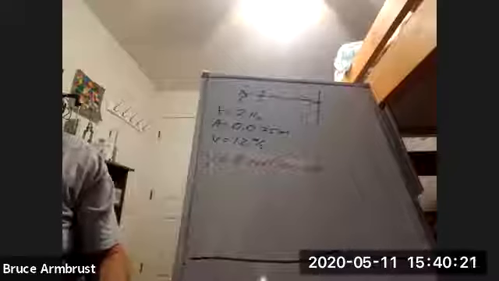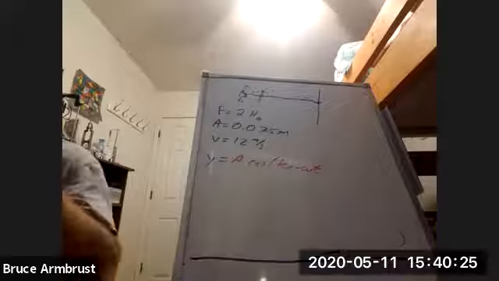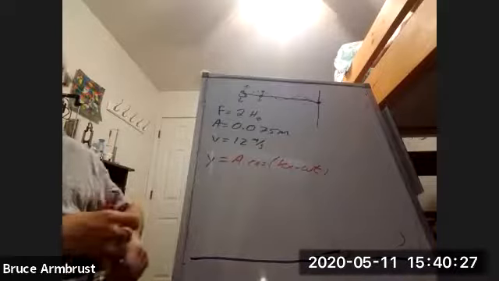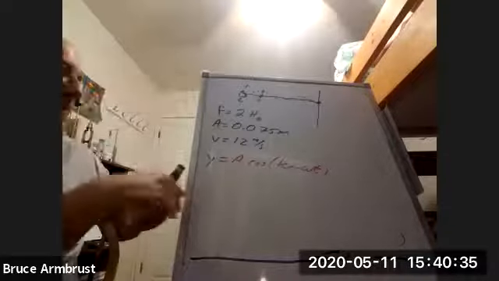So let's start easy. Let's get the A. What's A? 0.075. Yeah, that's the amplitude, how far we're going up and down.